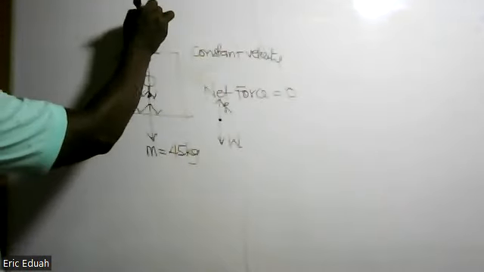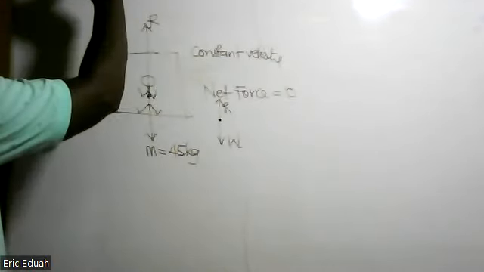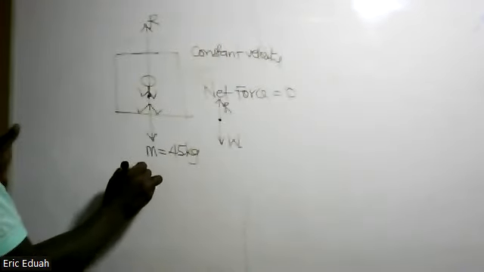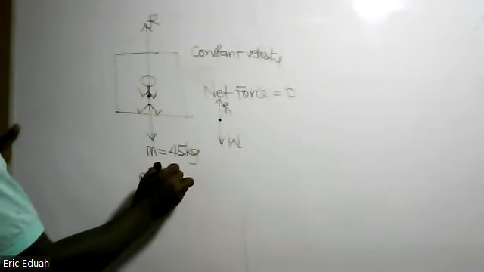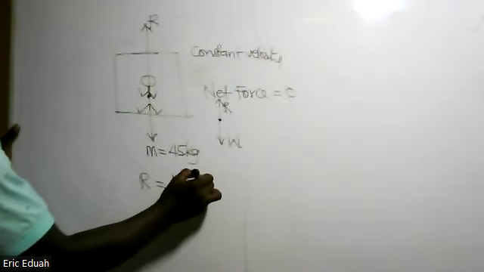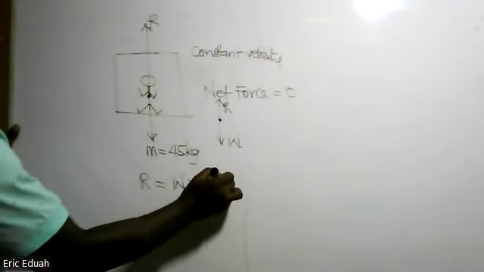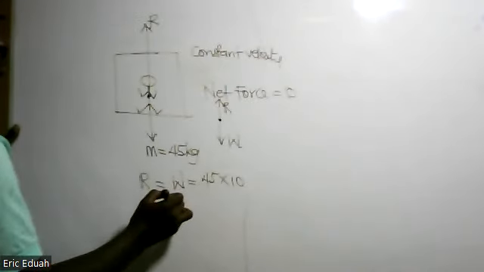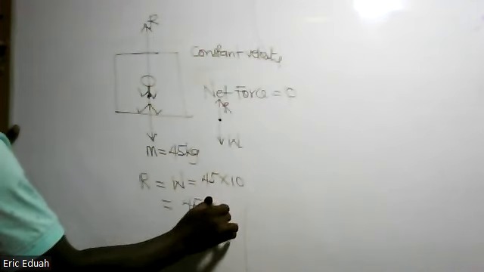So the reactional force, which occurs in the opposite direction, is balanced by the weight of the person. Weight is mass 45 kilograms times the acceleration due to gravity, which gives 450 Newton. So this is the reactional force.